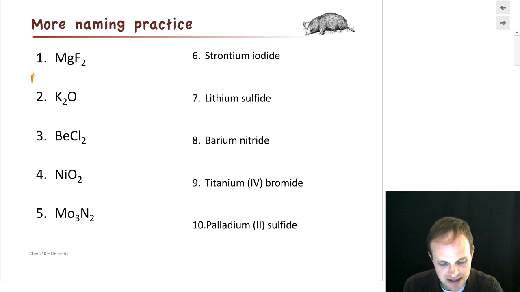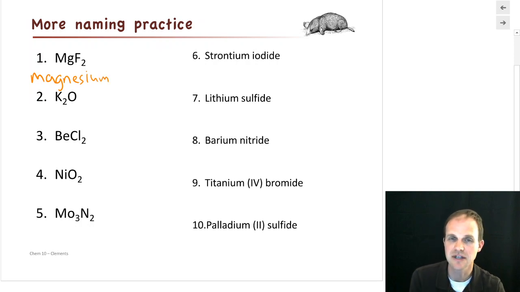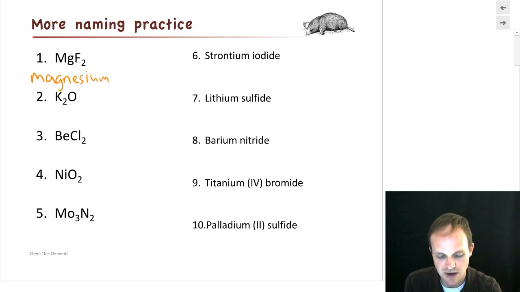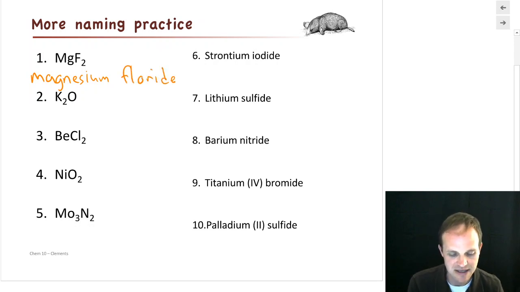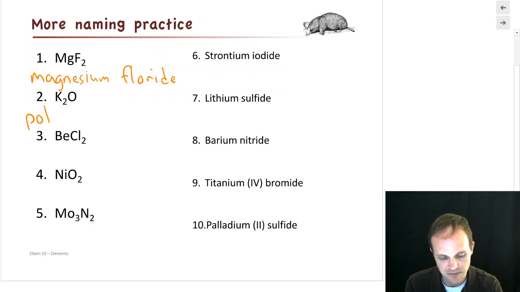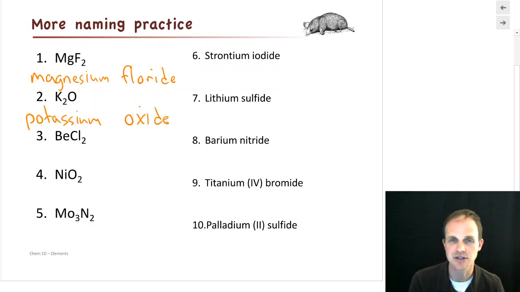MgF2, we know that magnesium is one of our alkaline earth metals. We don't need to put parentheses for the alkaline earth metals because we already know what it's called. So we call this magnesium fluoride. We don't have to say that there's two fluorines because there's only one way to do that. The next one, K, is potassium, and we call it oxide because oxygen is there.